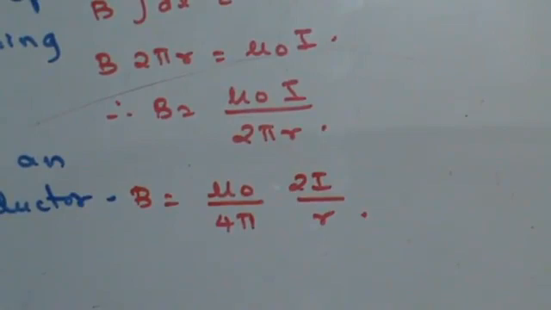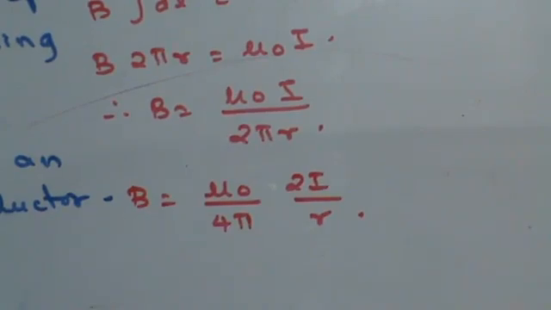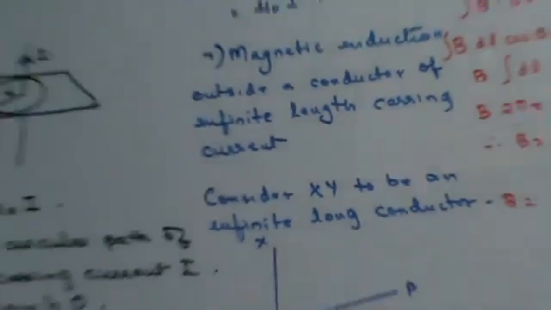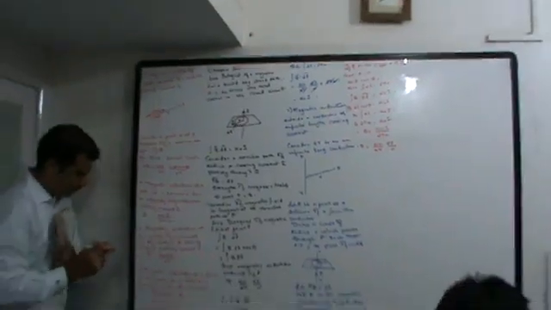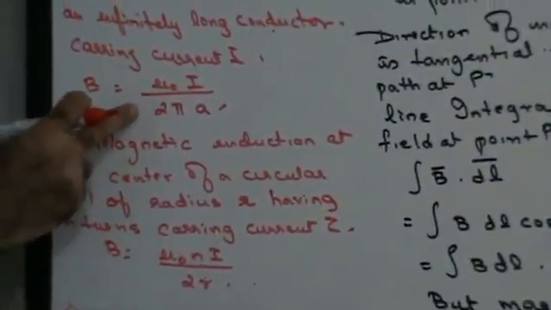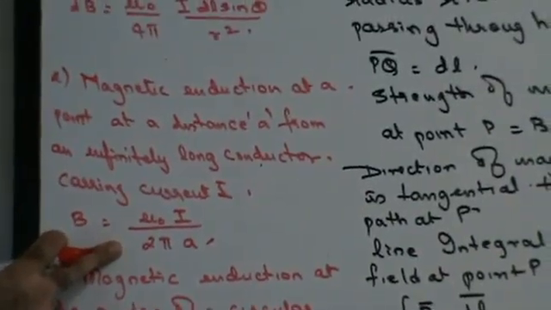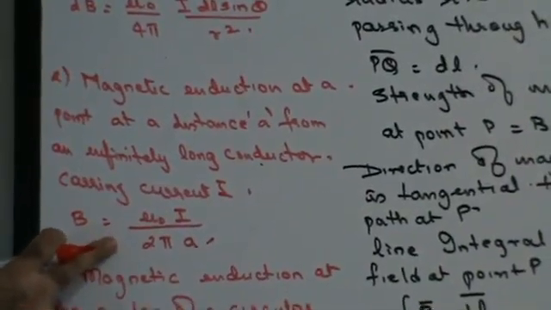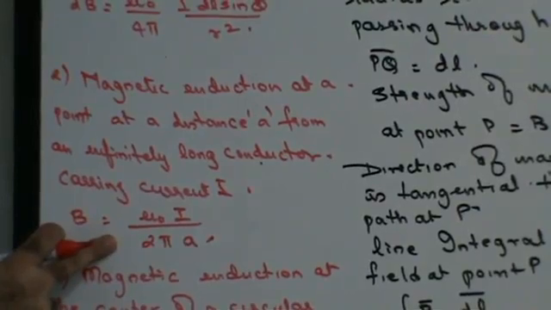Right? Similarly, all your magnetic laws can be derived by using Ampere law. I just derived the equation for this. You just derived the magnetic induction for a straight long conductor carrying current using Ampere law.